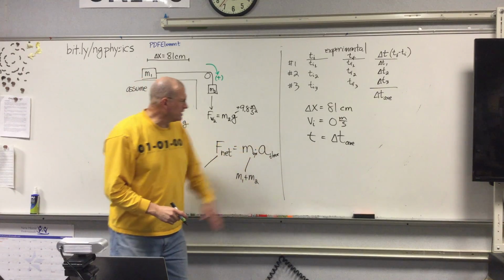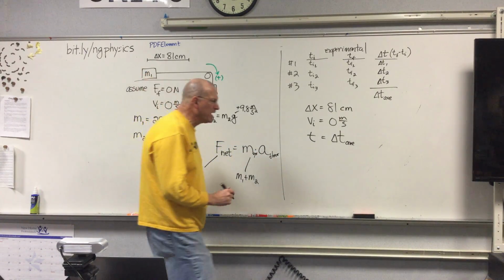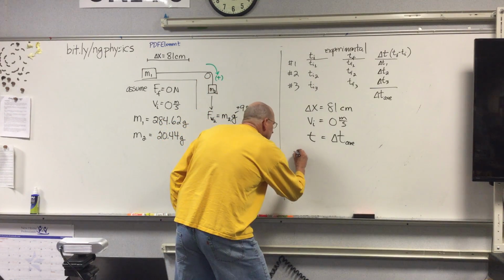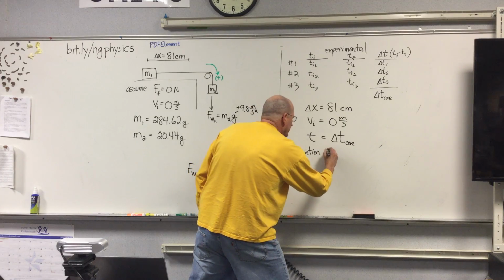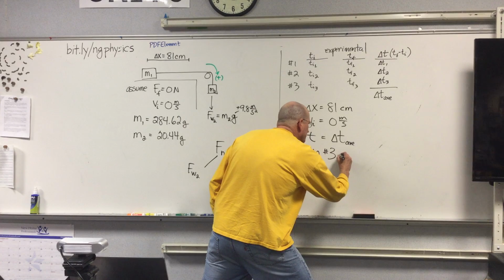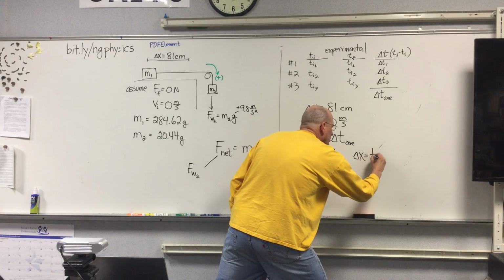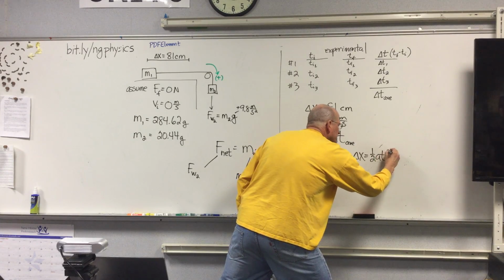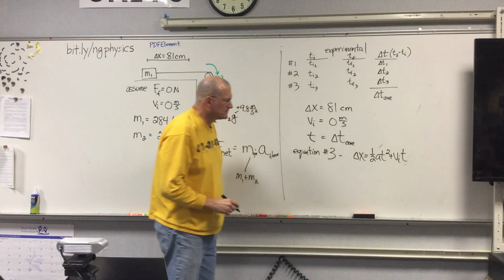And what we want is we want to calculate an experimental acceleration, and we can do that using equation, I believe this is equation number 3, which is delta x equals 1/2 a t squared plus vi t.